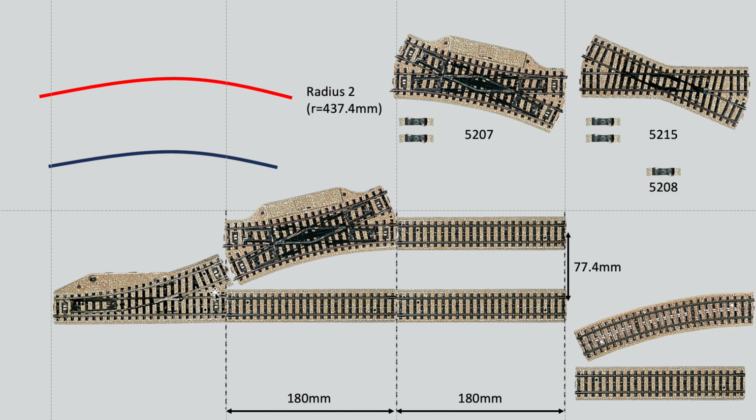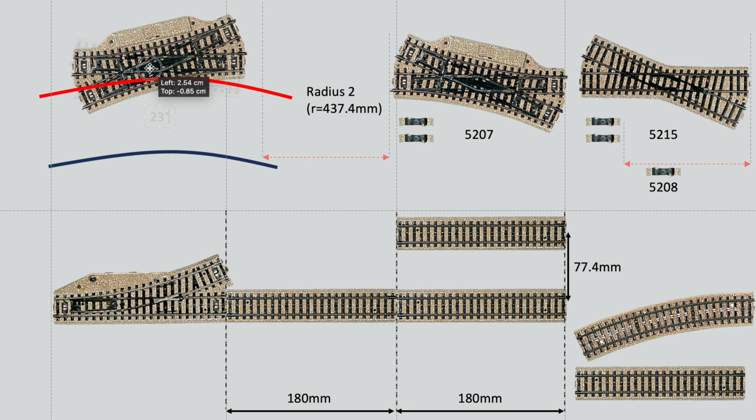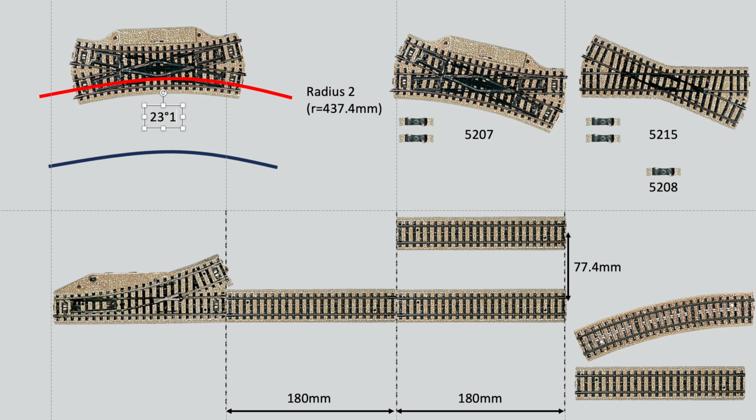Märklin went for, dare I call it, an elegant compromise which made these crossings a bit more versatile. The crossing was designed so that its wider sides would match a radius 2 curvature. The resulting arc measures 23 degrees 16 minutes, just over 1 degree short of the required 24 degrees 17 minutes to match the turnout curve.